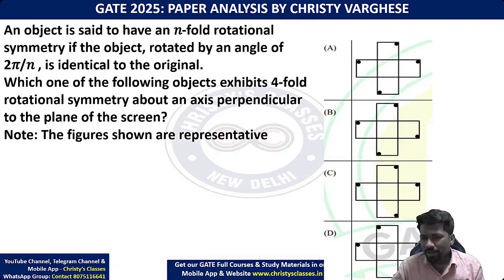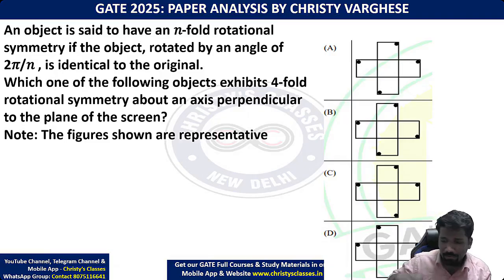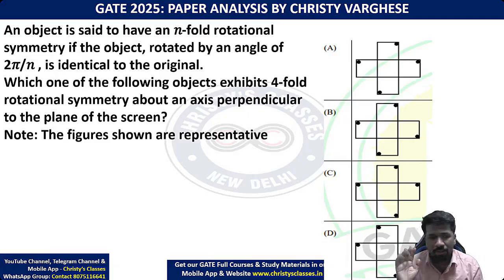And I don't know whether you people have attended GATE 2025. GATE 2025, I have got only 5 papers till now from my students of 2025, because now it is not available publicly. It is available only for students who have written the exam. They can download the question paper. So 5 of the papers I already received from students.